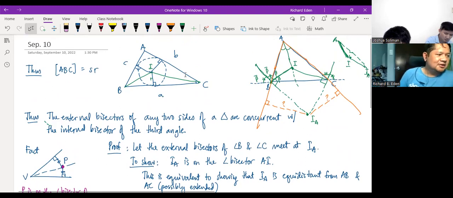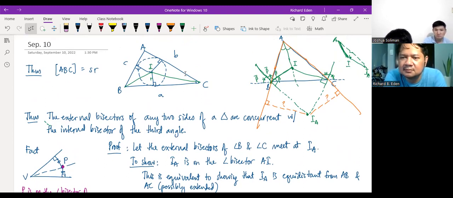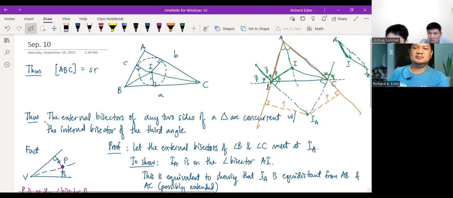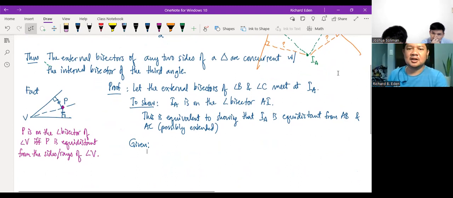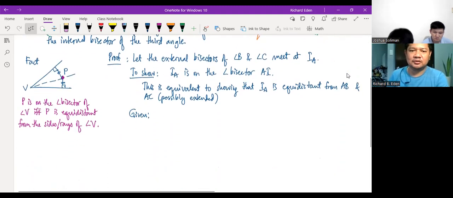So, wait, they're not equal. Okay. It can't be proven. They are not congruent. So we are not yet sure. Anyway, here is the given: I sub A is on the external bisector of B.